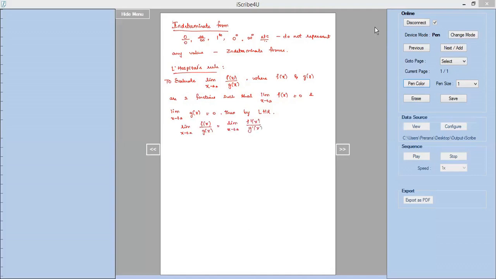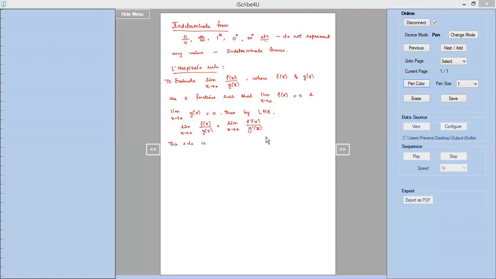So we differentiate the numerator and the denominator separately. Here we don't apply the quotient rule to differentiate this f of x by g of x form. We differentiate the numerator separately to obtain f dash x, and we differentiate the denominator separately to obtain g dash of x.